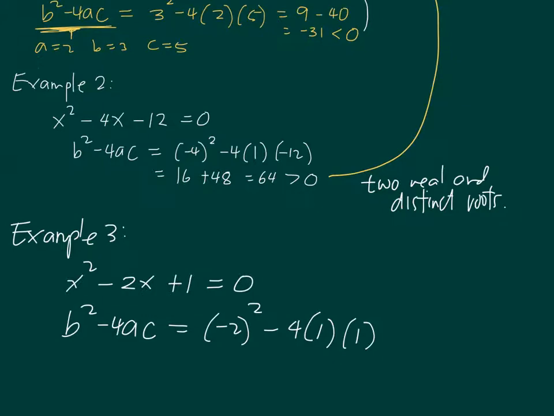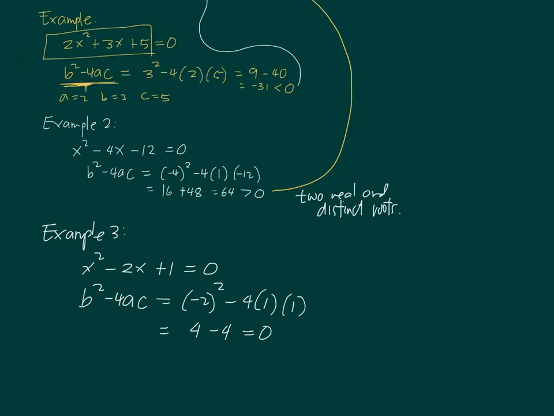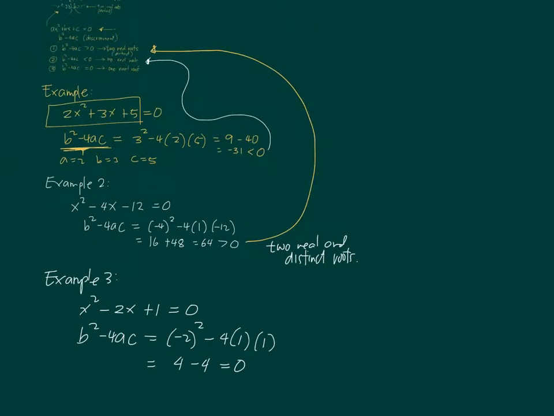Okay, so make sure you know how to find or identify a, b, and c. So this is 4 minus 4 equal to 0. And again, according to the rule, when it is equal to 0, that's our third case.